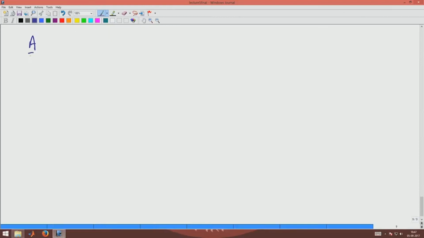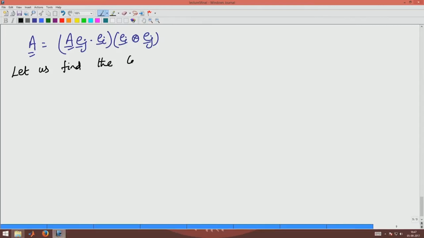So a general second order tensor can be written as A times Ej dotted with Ei tensor product Ej. Here i and j are dummy indices because they are repeated twice on the same side of the equal to sign, which means I have to sum them from 1 to 3. Now let us find the components of the tensor A tensor product B.